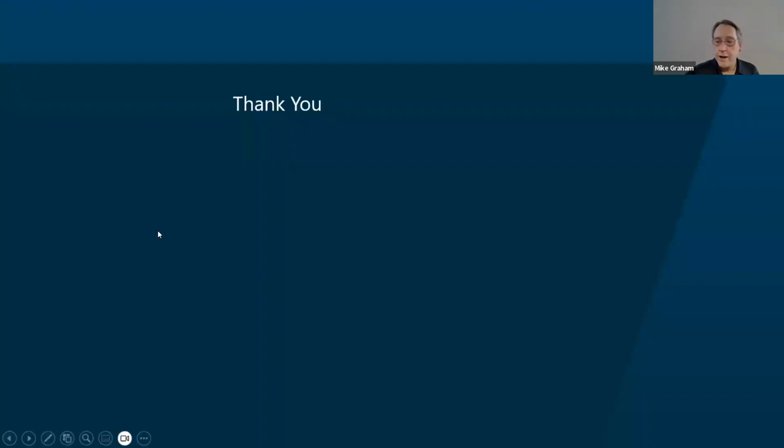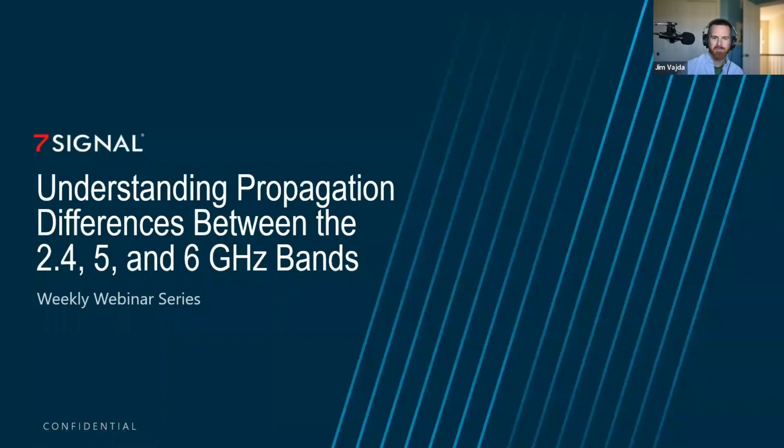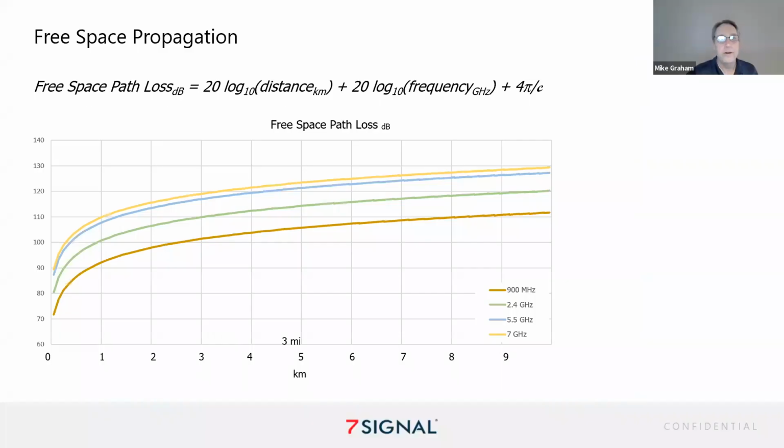Hey, Mike, could you bring up that first slide about free space path loss, FSPL, we'll say. Got a question from an anonymous attendee. They want to know what the last part of the equation in the slide represents, the 4/c? I think that's 4 times pi over the speed of light. Is that right?